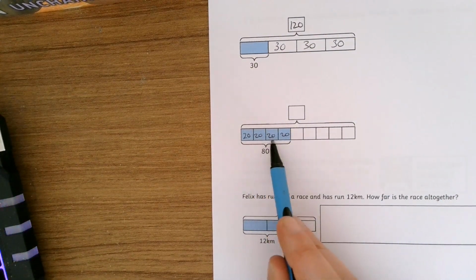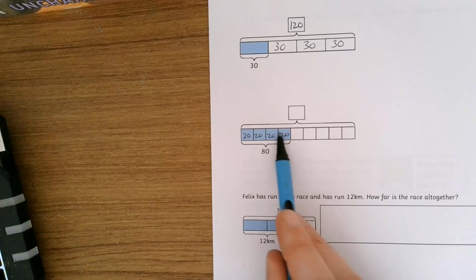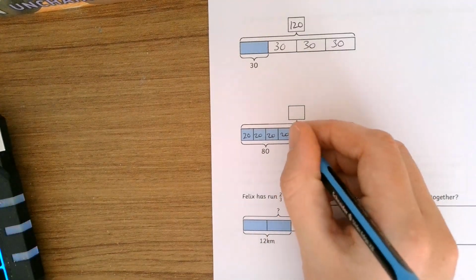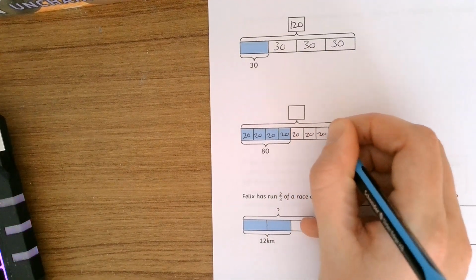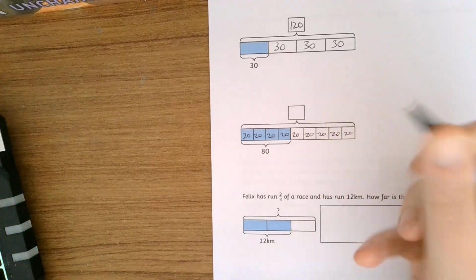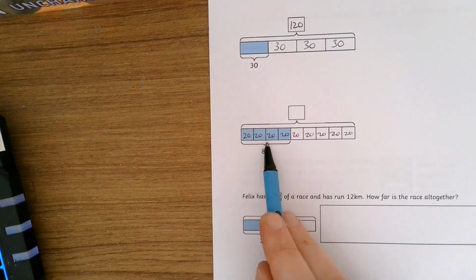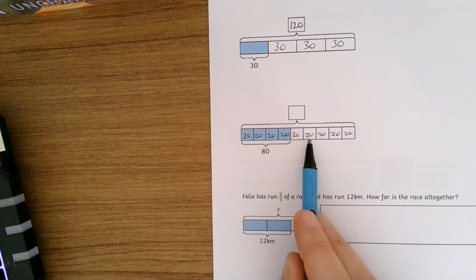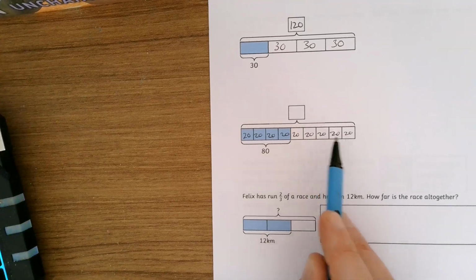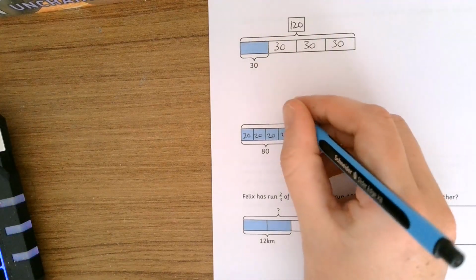So 20, 40, 60, 80. So that section is correct. Now if we keep going, we have 9 boxes. So 20, 40, 60, 80, 100, 120, 140, 160, 180. Therefore it's 180.